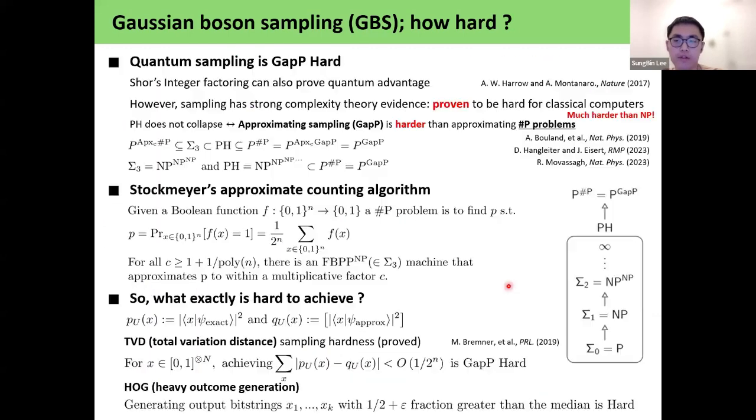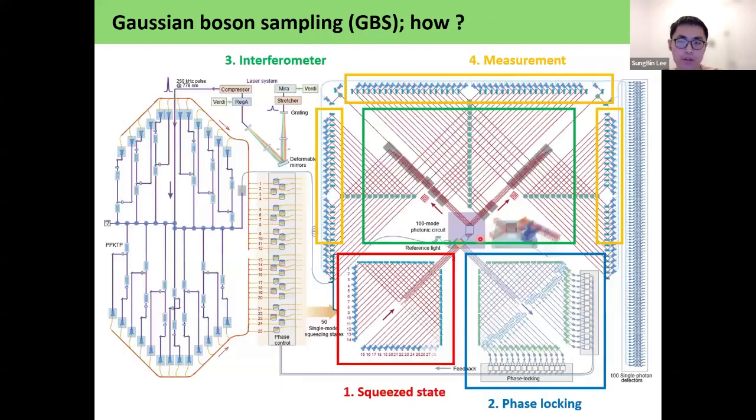So that's the theoretical background of Gaussian Boson sampling. If you're more interested, you can ask questions anytime, but for the time being, I'll skip to the experimental implementation. So how can you perform Gaussian Boson sampling? This is the actual layout in the Science paper I introduced before.